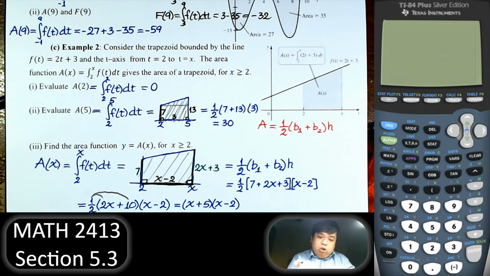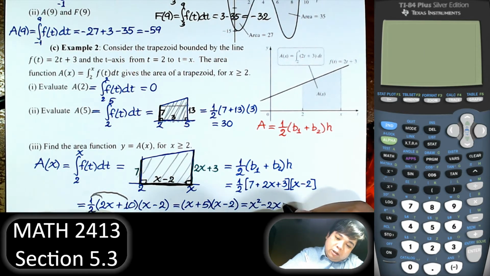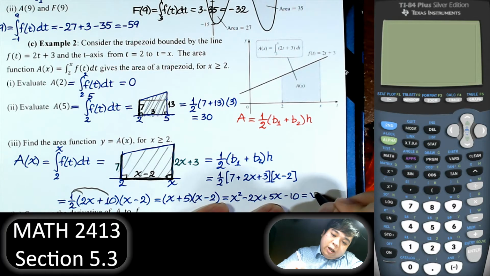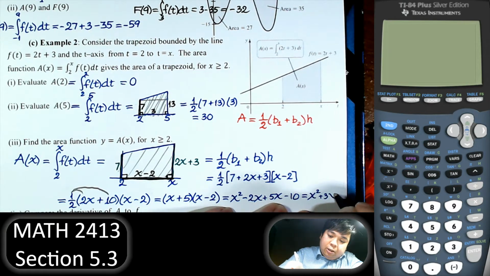Right, and then we multiply this out. x squared minus 2x plus 5x minus 10. Combine like terms. x squared plus 3x minus 10.